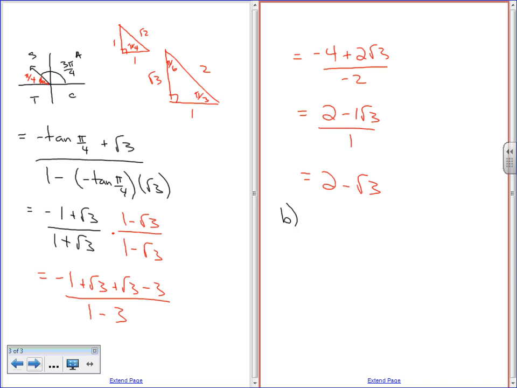So the next one, I'm going to deal with the reciprocal ratios. And negative angles.